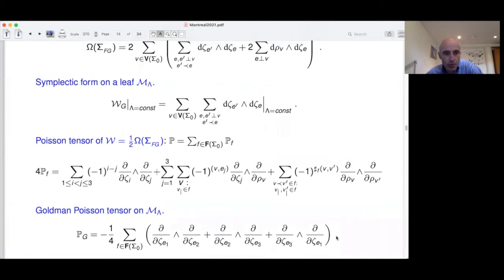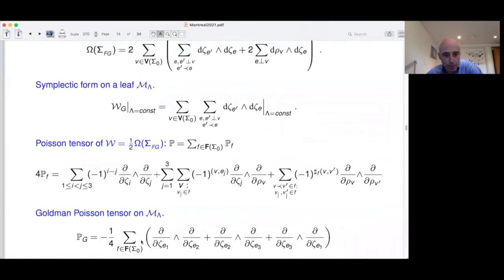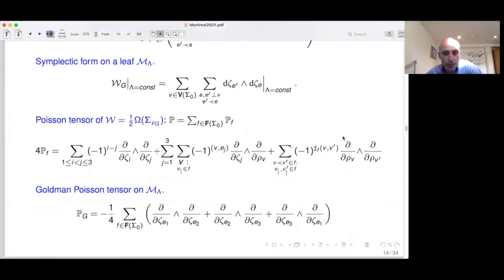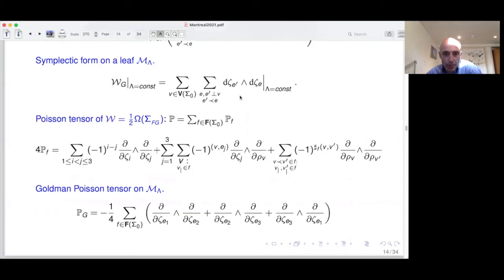Anyway, in SL2, the Poisson tensor is just the Goldman Poisson tensor on the symplectic leaf, right? And you see here you sum over all faces of the original triangulation. And in the symplectic form, here you sum over all vertices. So it's a different story. Similar expressions were written by Penner, but in different coordinates and a different context. Here it's quite interesting that you write this and that, and these matrices are essentially inverse to each other.